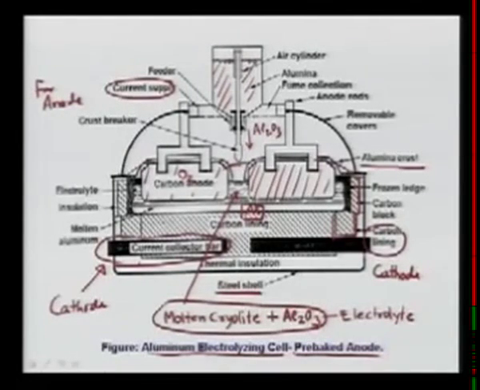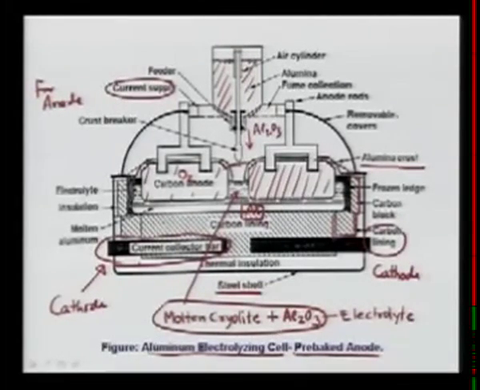So first you break the crust and this kind of hopper you see here drops the alumina in there. Once the alumina is dropped, it will dissolve into the cryolite and make electrolyte. The electric process will go, and there will be production of the aluminium, and the oxygen will be going to the anode, and this anode, which is made of carbon, will be continuously consumed here.